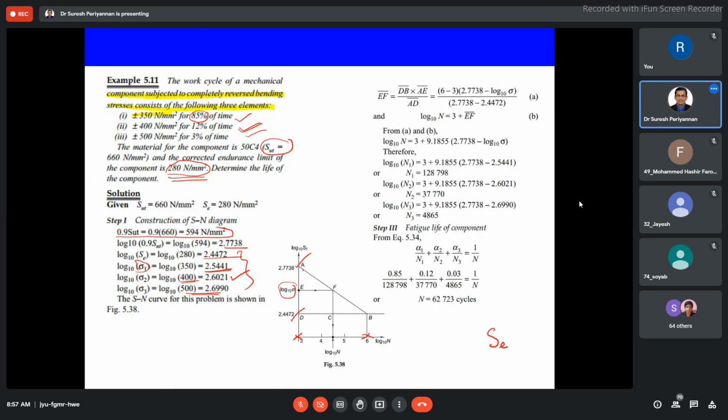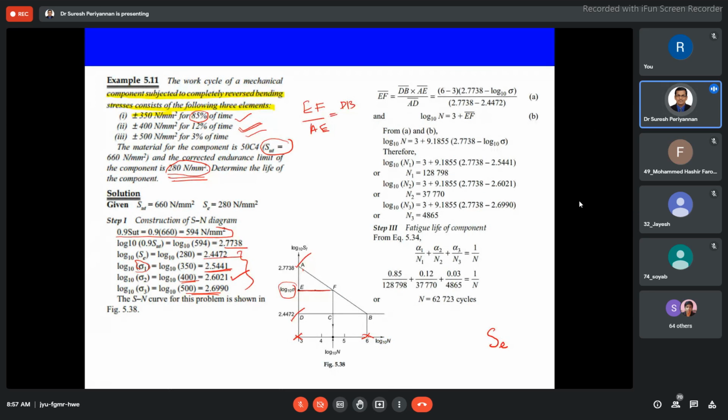Now this is the equation based on this. Here this is our equation, EF by AE, EF by AE. This is this small triangle. We earlier discussed EF divided by AE is equal to dB by AD, with dB on this horizontal axis.